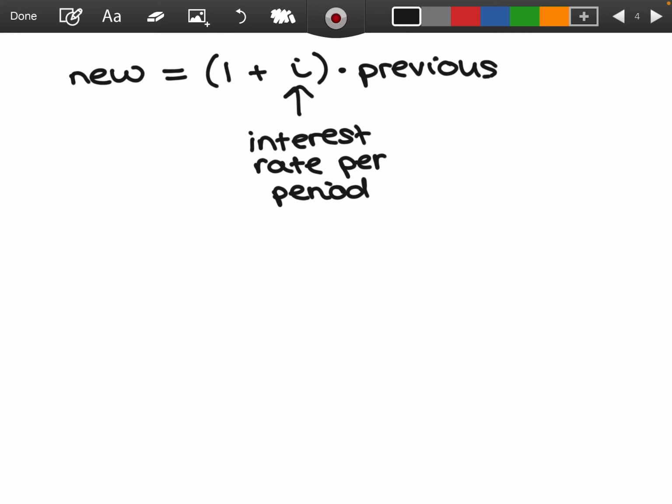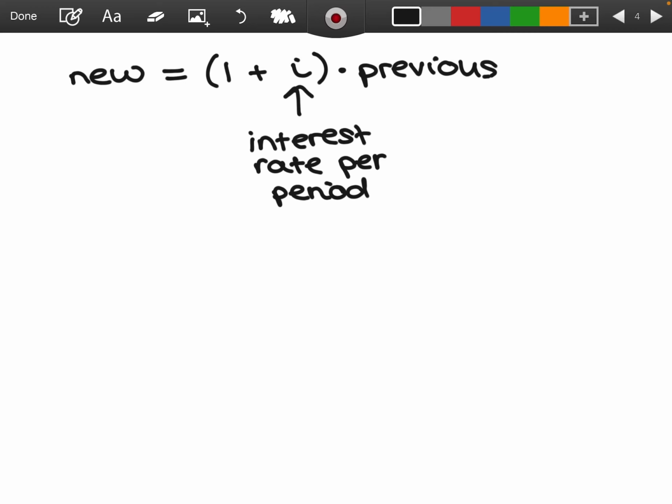My next value is always 1 plus that interest rate per period. So I've taken my annual rate and I've divided it up by however many times I'm compounding it in a year. And then I'm multiplying it by the previous value that I had. So whatever the principal is plus the amount of interest that's already been accrued.